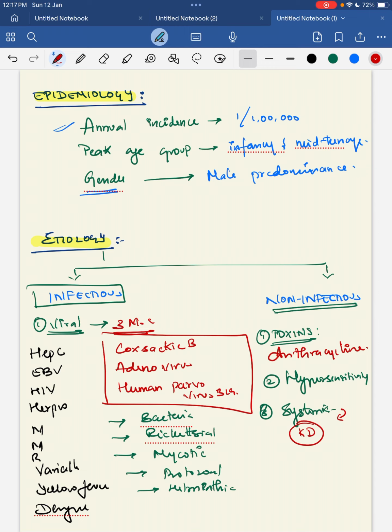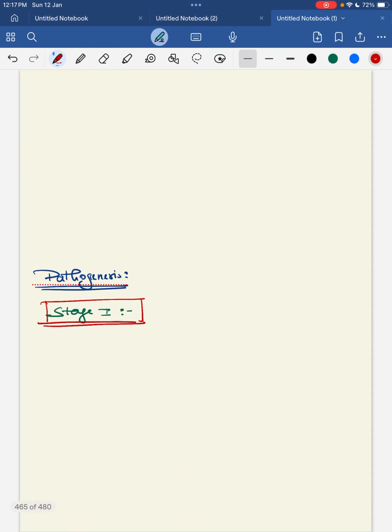Next, we'll go to our next subheading, that is pathogenesis. The first one is stage 1. In stage 1, it is always an acute stage. In the acute stage, there will be viral invasion of the myocyte and multiplication. Since it is acute, this invasion and multiplication will take place between 0 to 7 days.